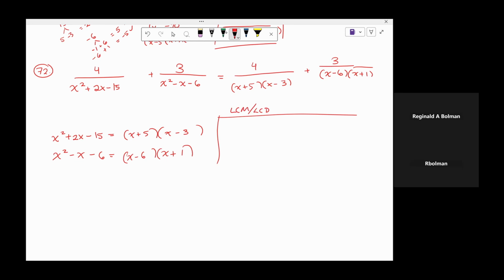To do that, calculating the LCM, we will select out the terms that we have in common. And what you'll see is that there are in fact no prime polynomials in common between x squared plus 2x minus 15 and x squared minus x minus 6, which is a shame. So what this is telling us is that our LCM is simply x plus 5 times x minus 3, x minus 6, and x plus 1, which is kind of a bummer.